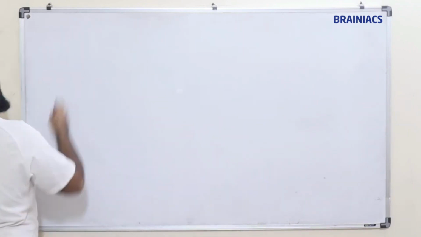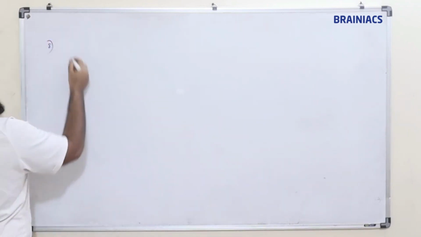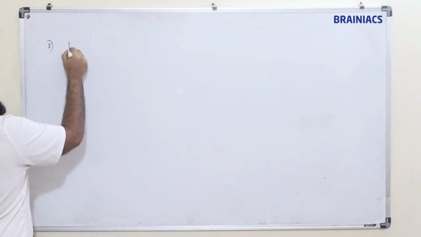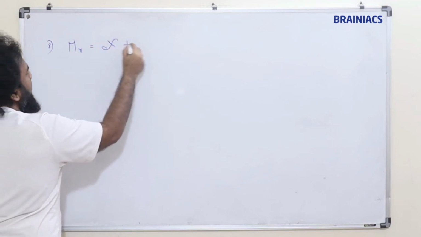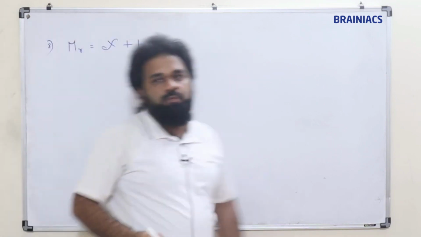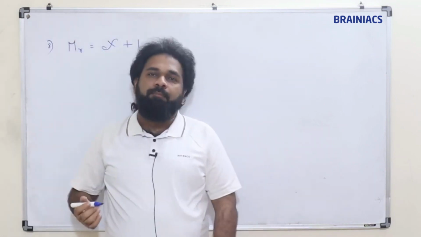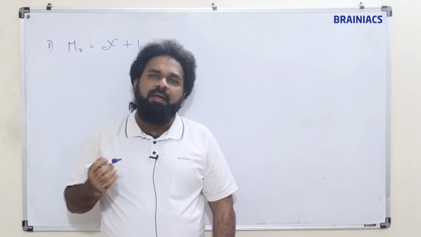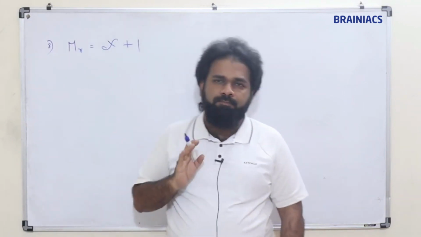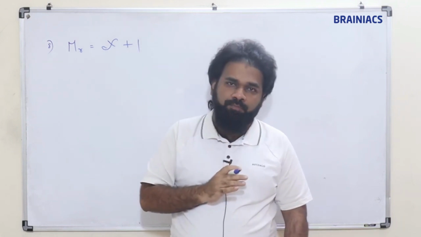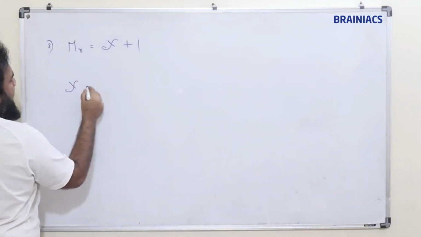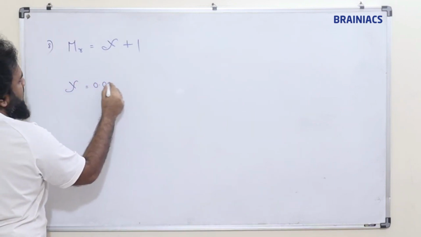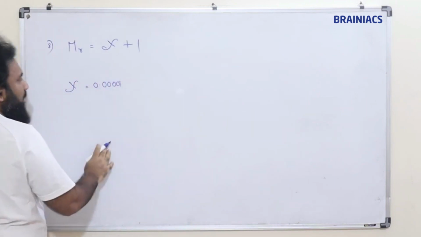Then the next point is relative permeability. So what is relative permeability? Relative permeability is zeta plus 1. Zeta value is very small, and that is negative also. For copper, as I said, this is going to be 0.00001 in magnitude.